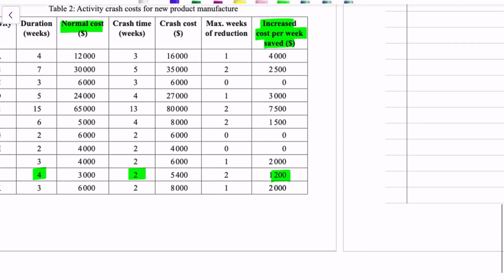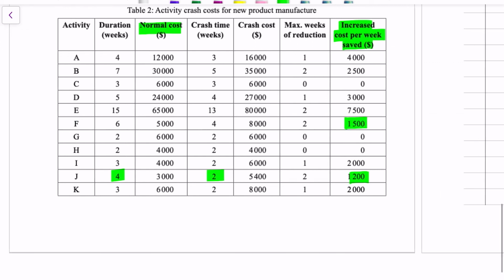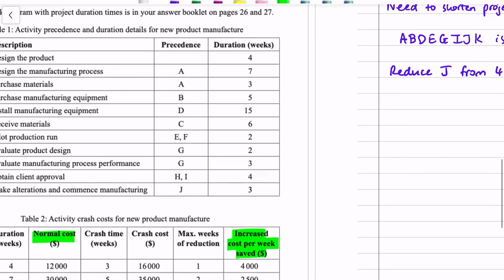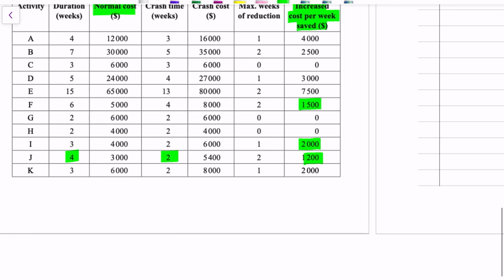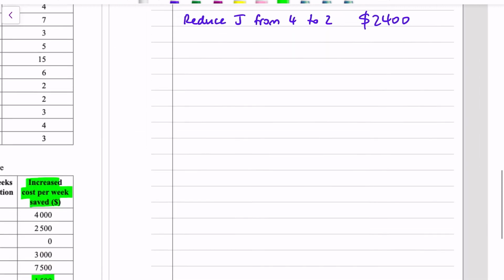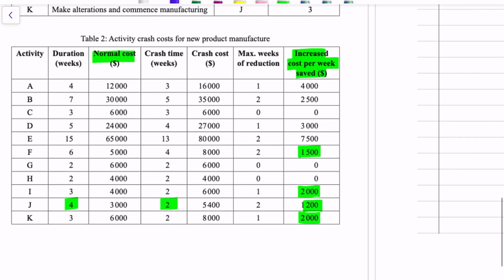What are our other options? Remember, we're trying to do it the cheapest possible way. This one, F, is that in the critical path? No, it's no point doing it. These 2,000 ones, I and K. I and K are both in the critical path. So reduce I. How many weeks are we needing to do this?